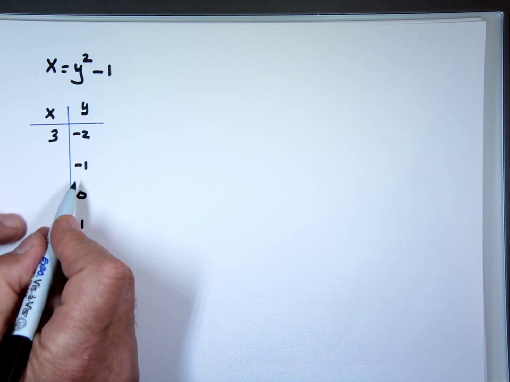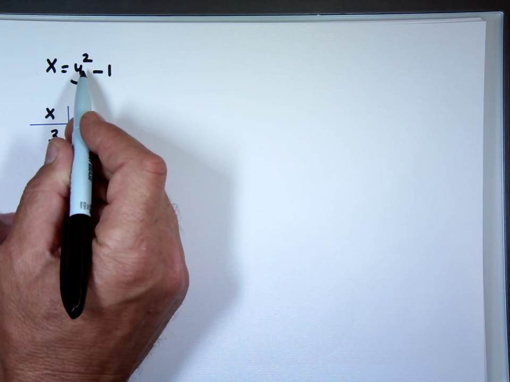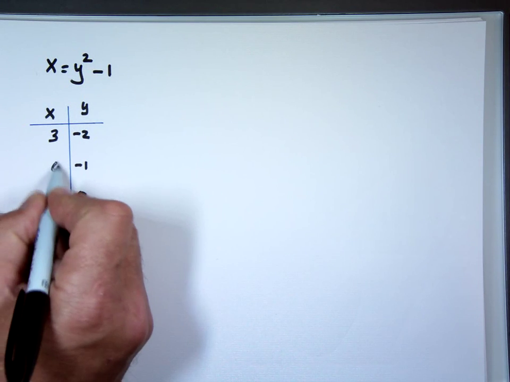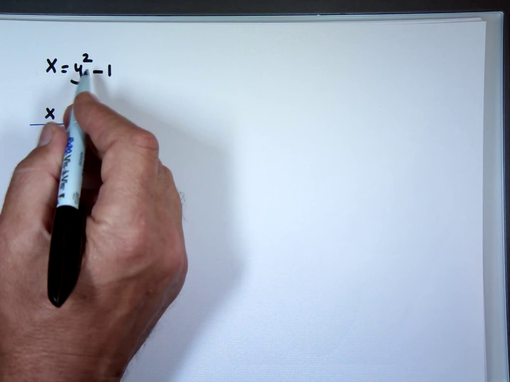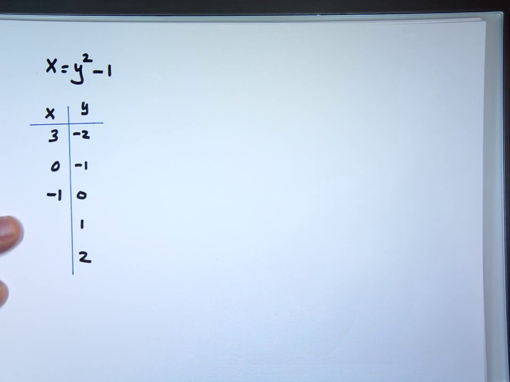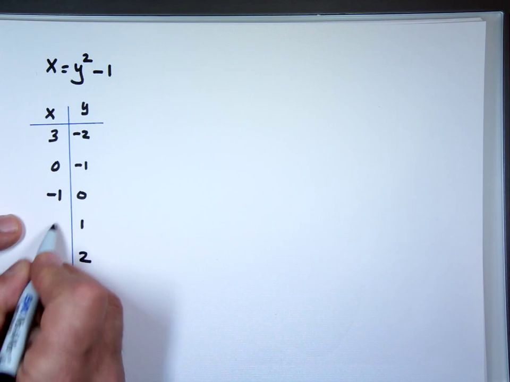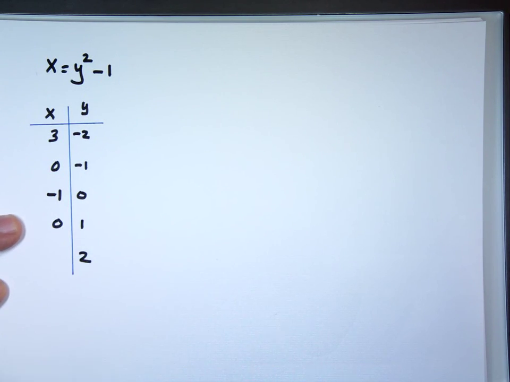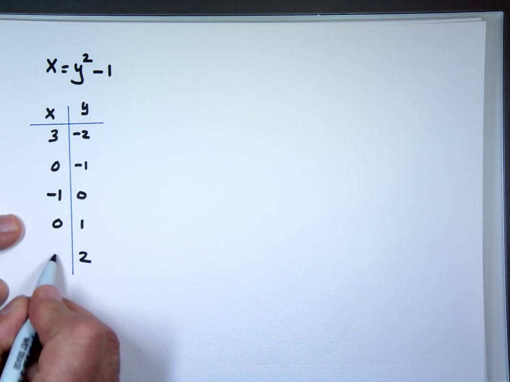When y is -1, -1 squared is 1, minus 1, that's 0. When y is 0, square is 0, minus 1, -1. When y is 1, 1 squared is 1, minus 1, 0. When y is 2, 2 squared is 4, 4 minus 1 is 3.